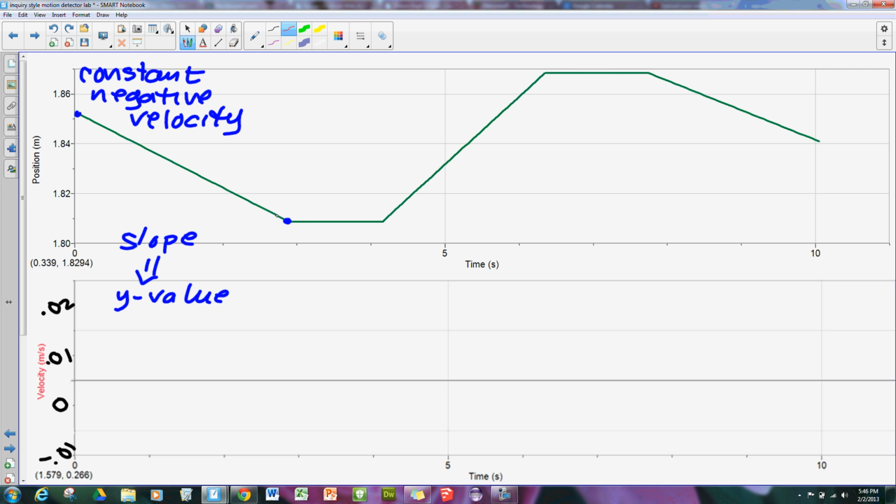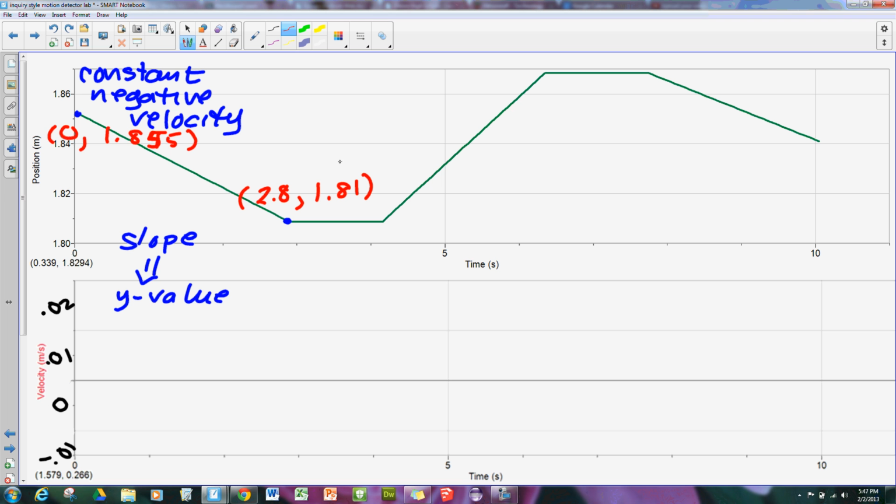This point right here, let's write out our x and y coordinates, will be about 2.8, and the y coordinate 1.81, both positive. This one, the x coordinate is 0, and the y coordinate is 1.845, looks like 1.855, sorry.